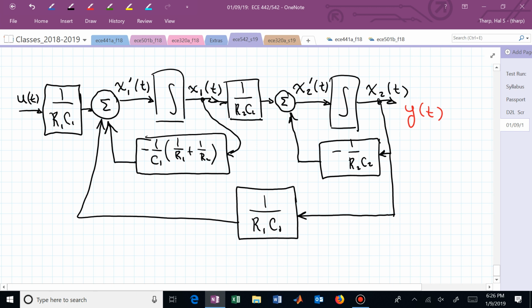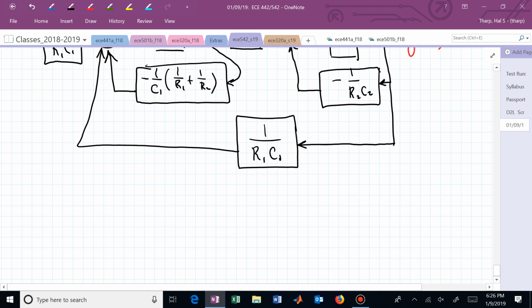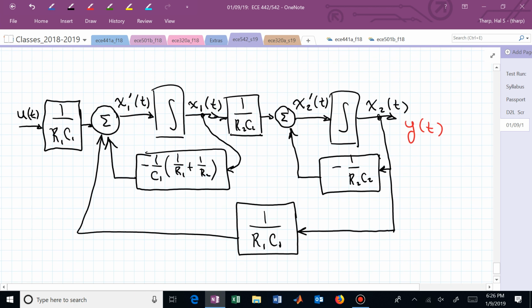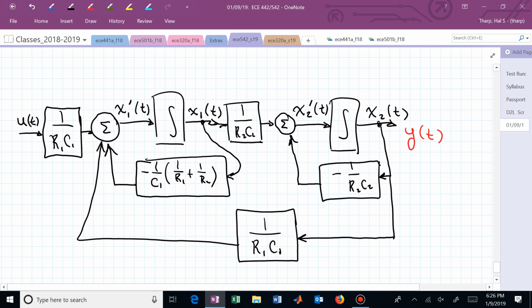I want to live in the frequency domain. I want to see a block diagram in the frequency domain. Can we now convert this into something that's equivalent, but now instead of in the time domain, it's in the frequency domain?